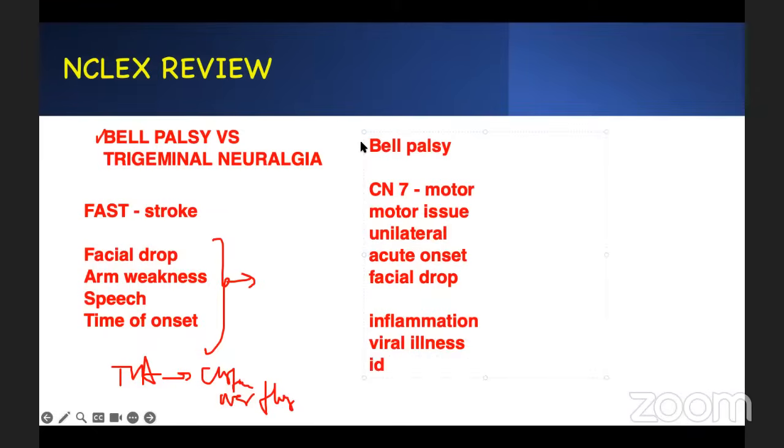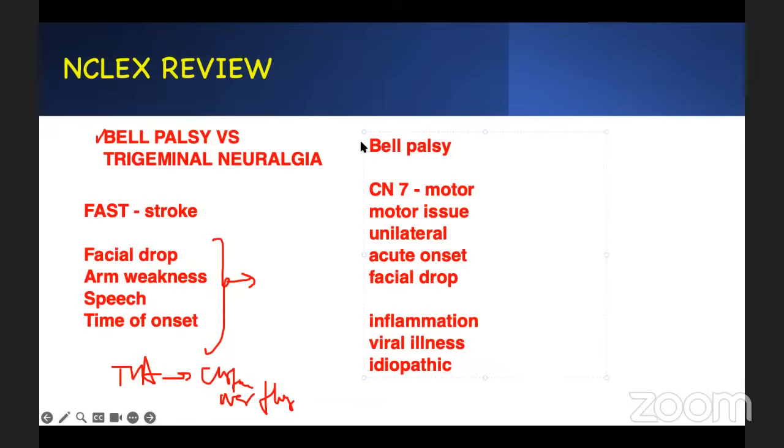You don't even know anything. There's no cause. It just happened. All of a sudden, cranial nerve 7 is very, very irritated and is causing these stroke-like symptoms. So one side, acute onset, and the facial droop.